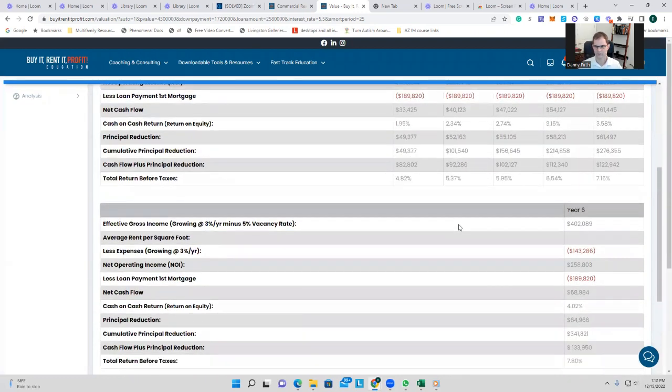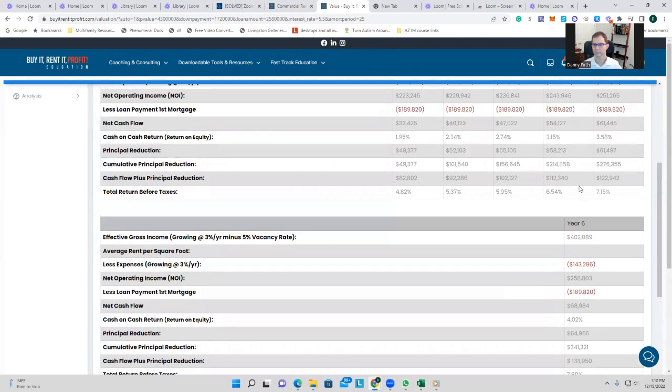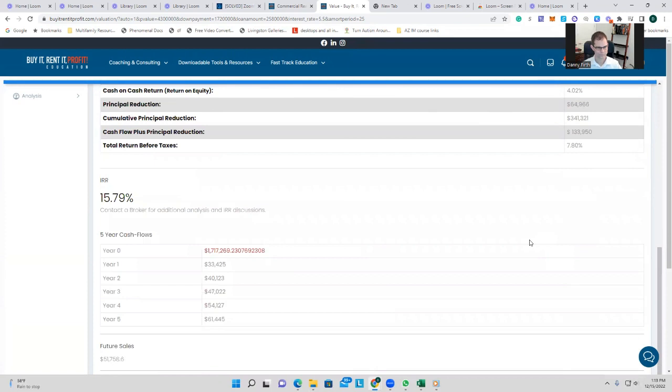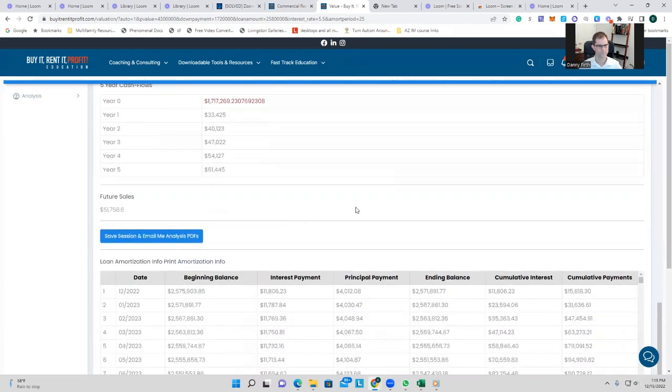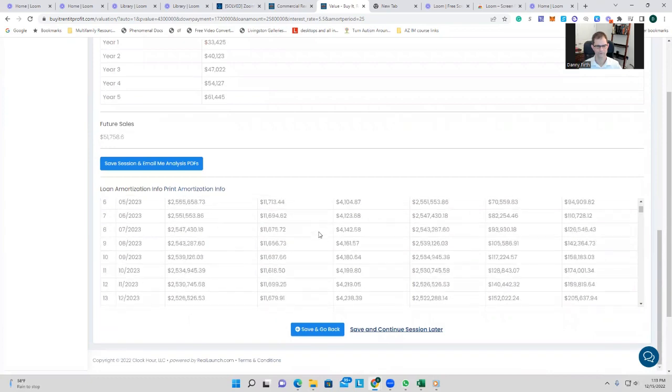This is year 6. Sorry, that's a continuation. It's the same thing, but it's just going out to year 6. So this is your IRR, assuming that you sell it in year 5, 15.79. And then these are your loan amortization tables.